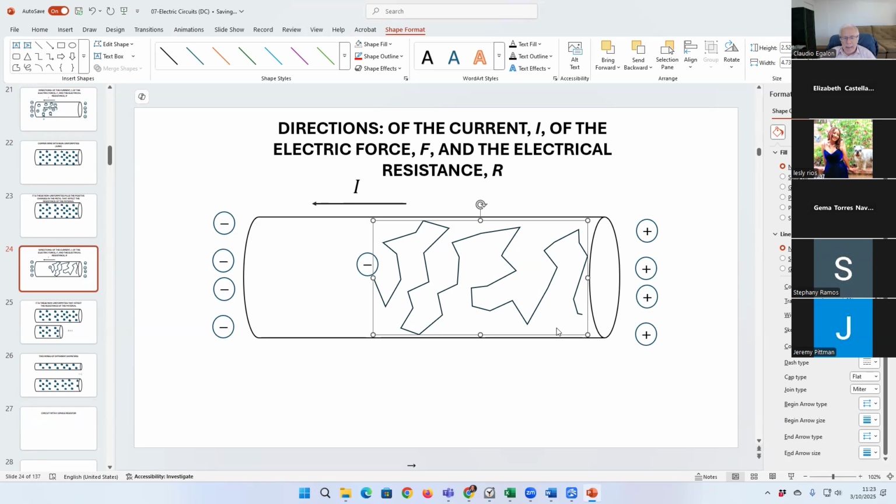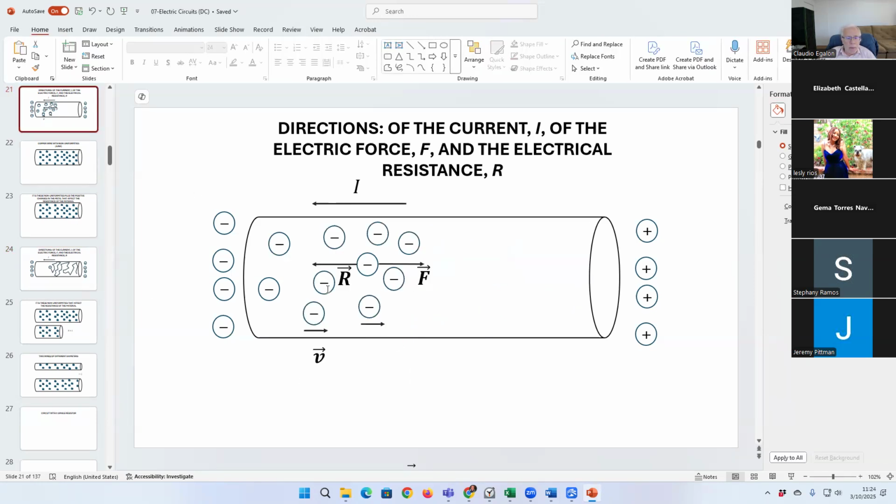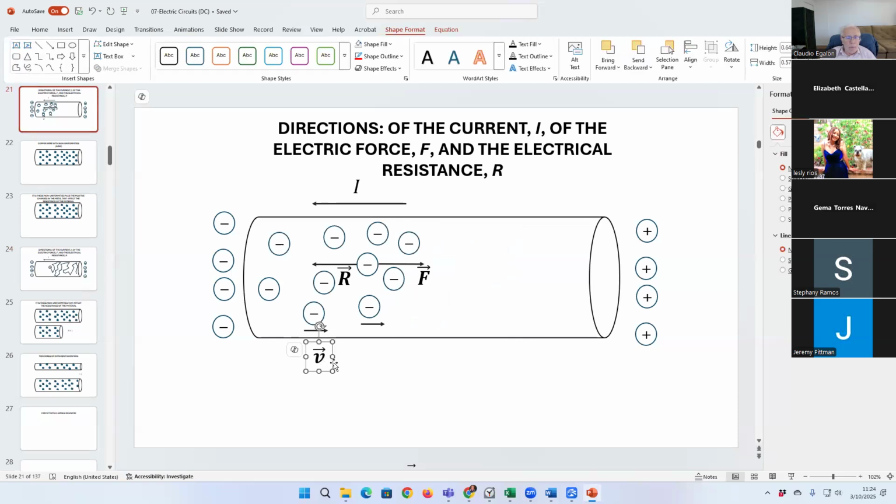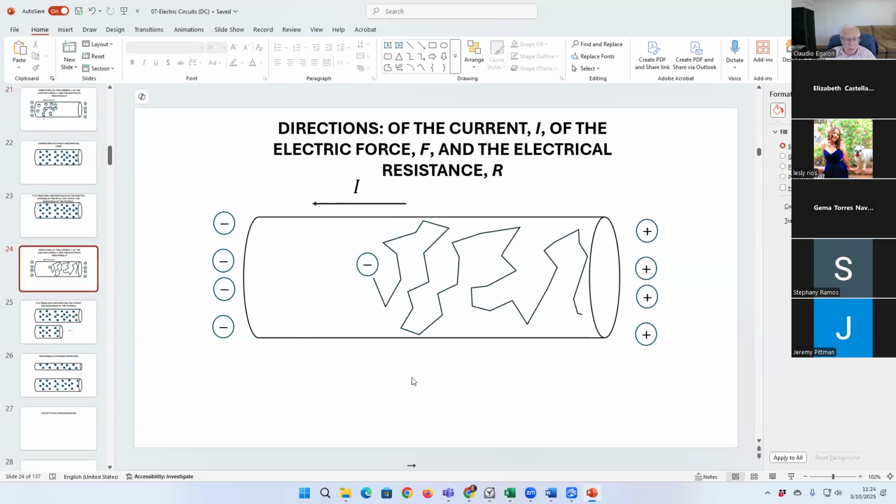And this overall velocity from the left to the right is called the drift velocity.